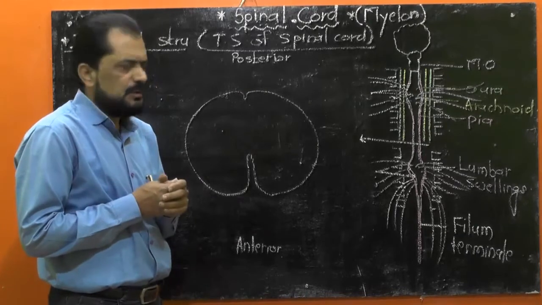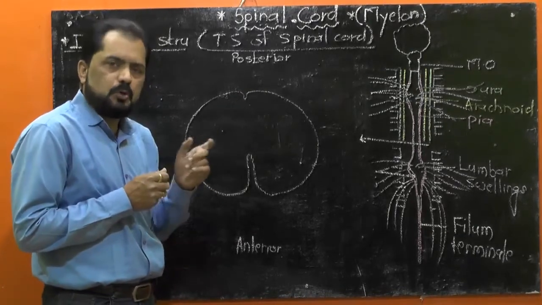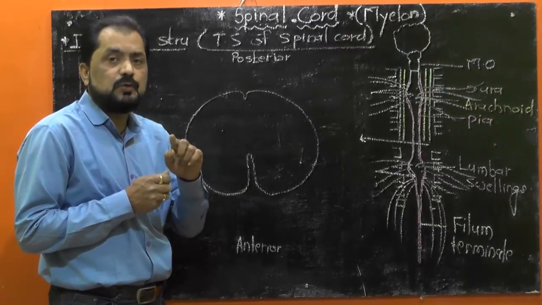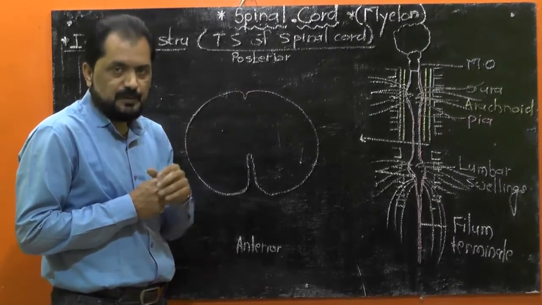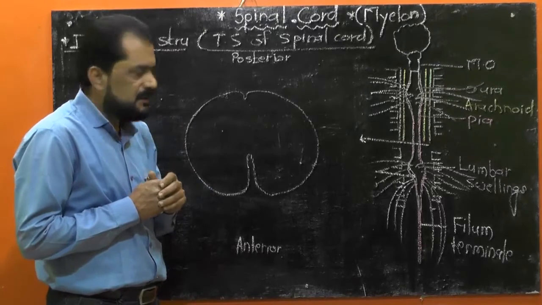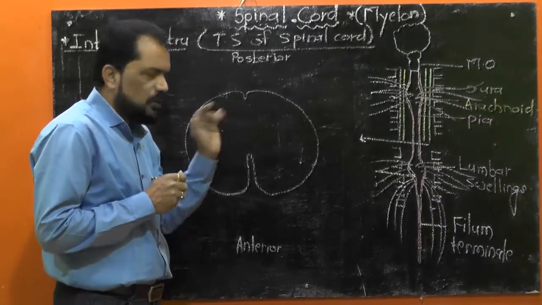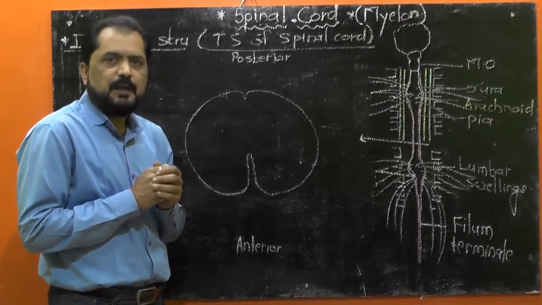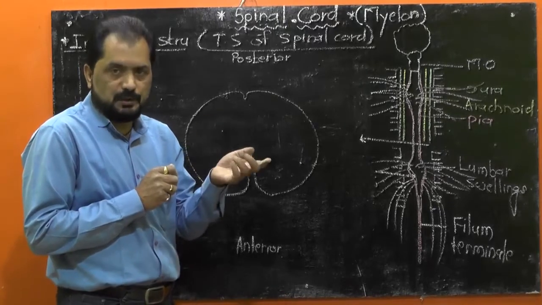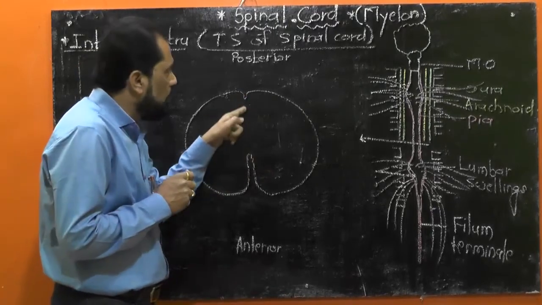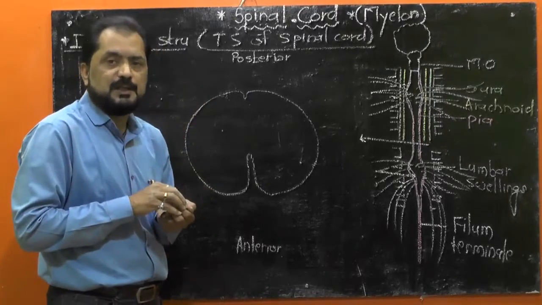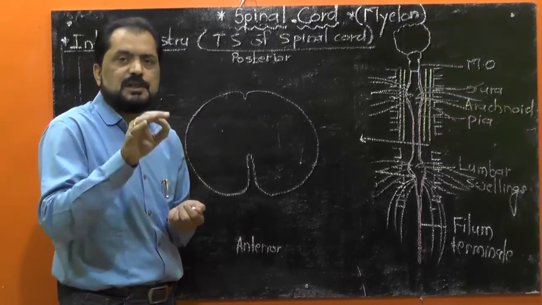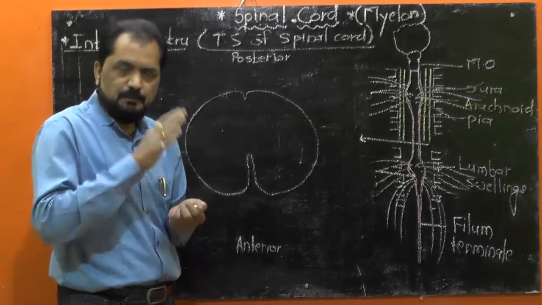It shows a shallow, broad and non-vascular groove along the length of spinal cord. Listen, it shows a shallow, broad, non-vascular, non-choroid groove along the mid-dorsal line of spinal cord.